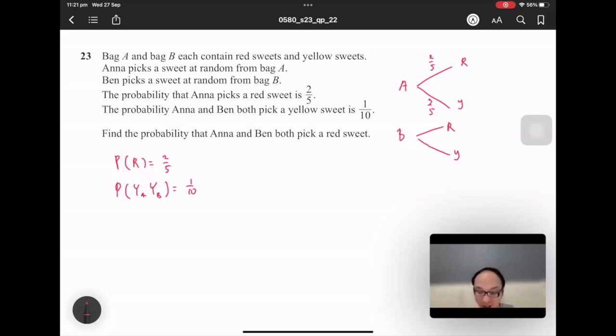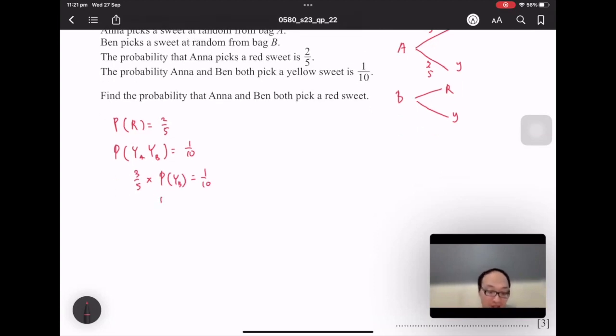We know that the probability of yellow from A is 3 over 5. So 3 over 5 times the probability of yellow from B is 1 over 10. So the probability of yellow from B is 1 over 10 times 5 over 3, which is 1 over 6.